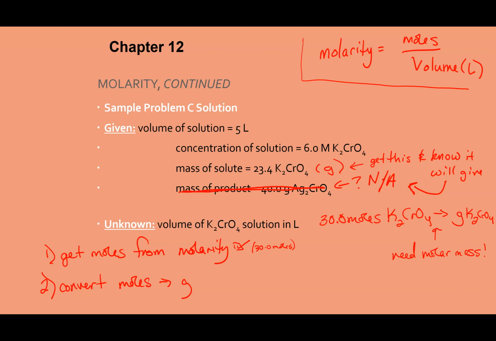So those of you that need that, walk through. I'm going to do that on the side of the screen. Those of you that can find it on your own, you can just skip this part. We're going to do 2 times potassium, which is 39.